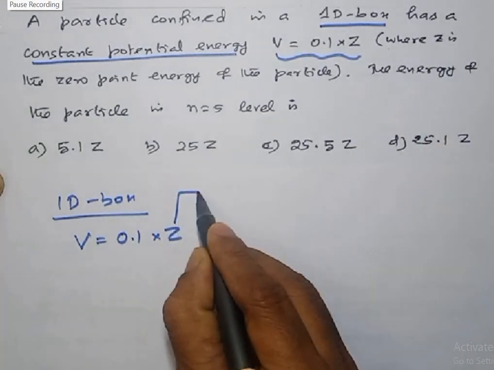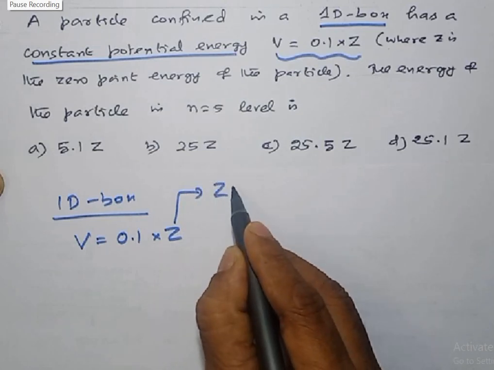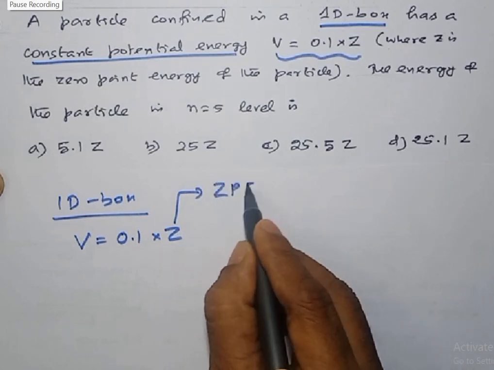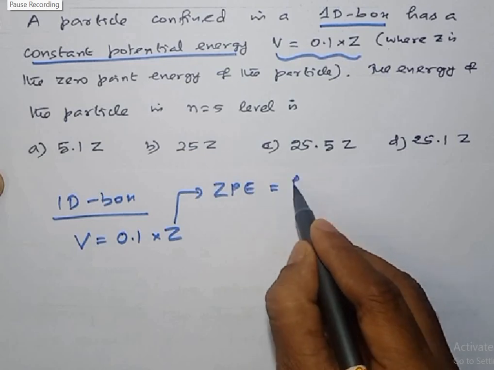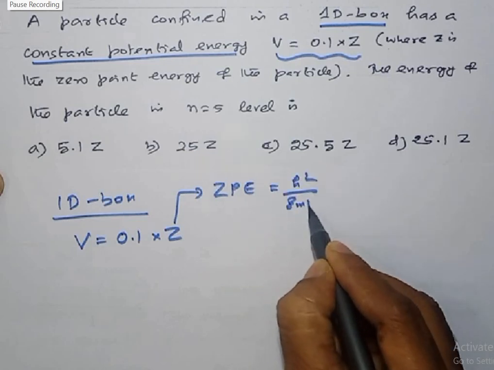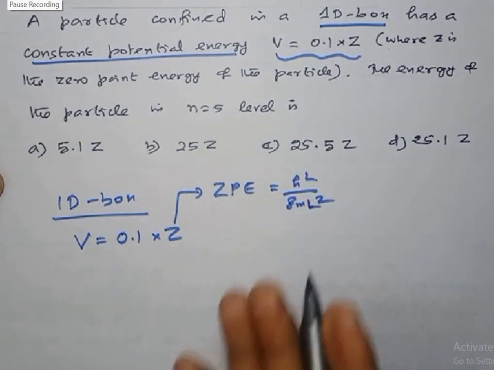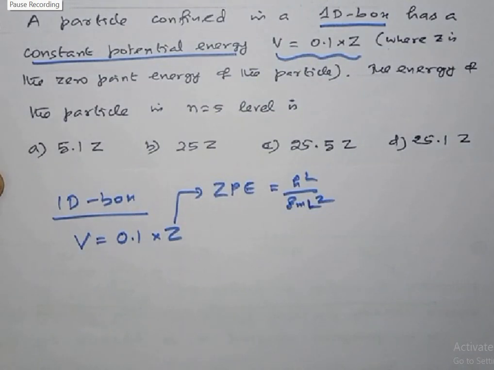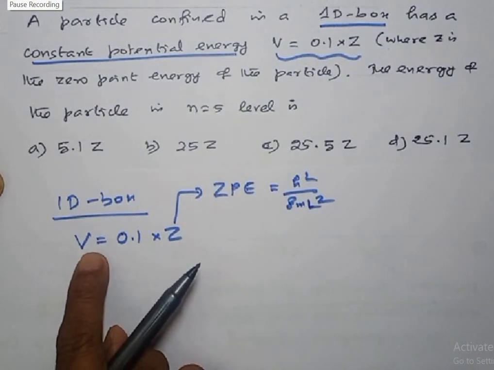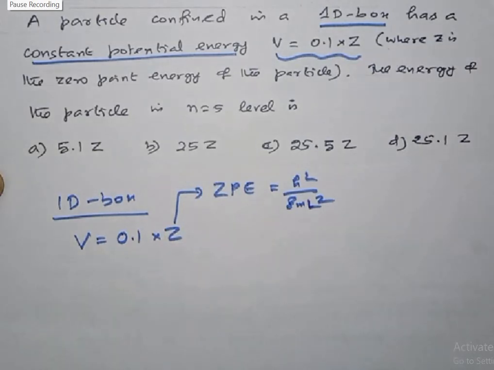You know, for a particle in a 1D box, the zero point energy is equal to h square by 8 m L square. We know that. This is the zero point energy. What is the potential energy given? Potential is 0.1 times the Z value. Right.